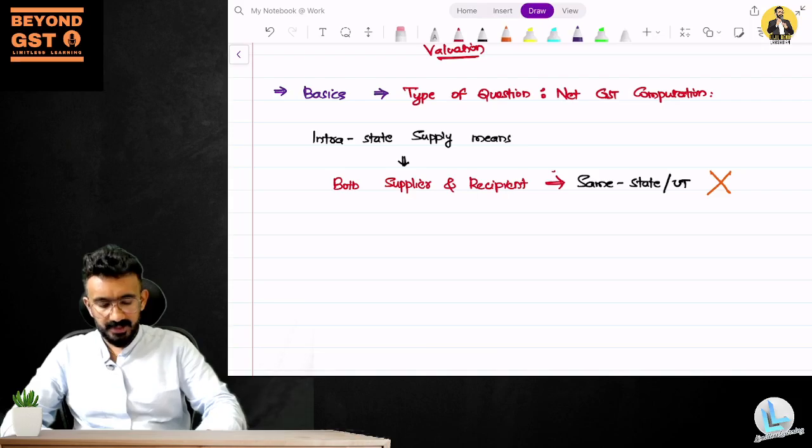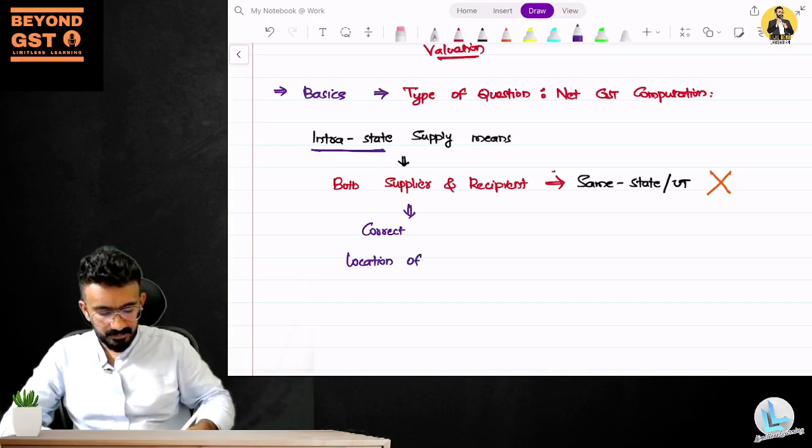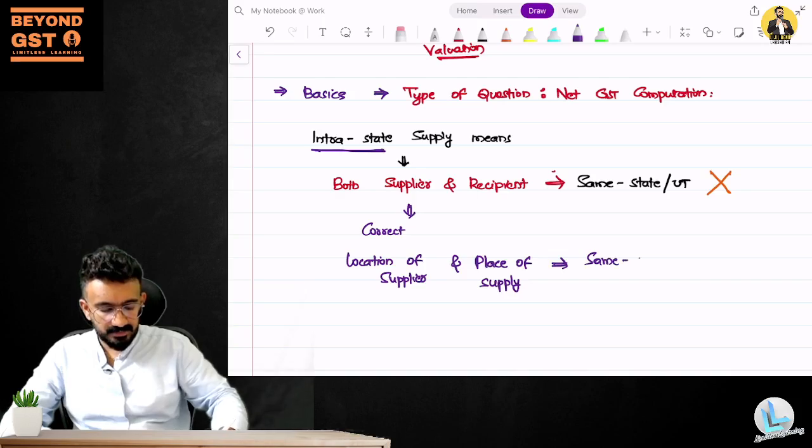How is this going to be different? Now, we are saying that intrastate supply would be when, the correct understanding is now, the supply is considered to be intrastate supply when location of supplier and place of supply are in same state or union territory.